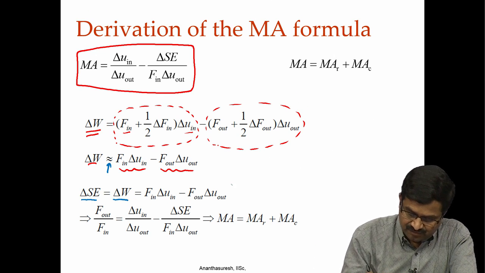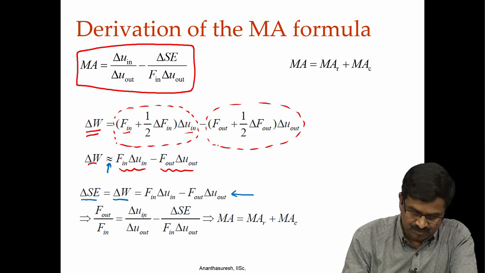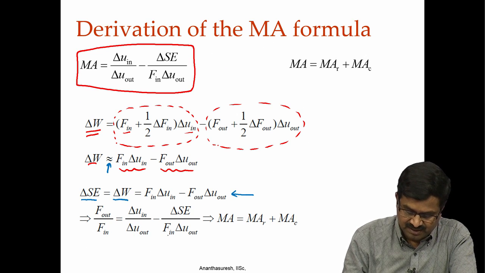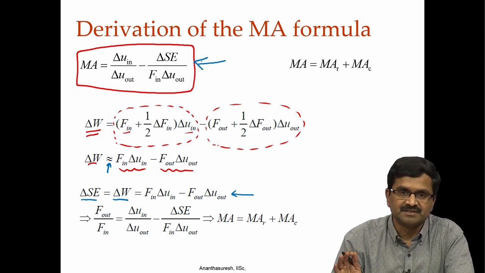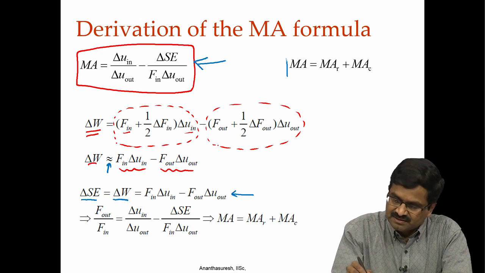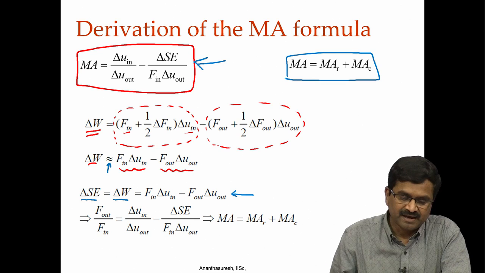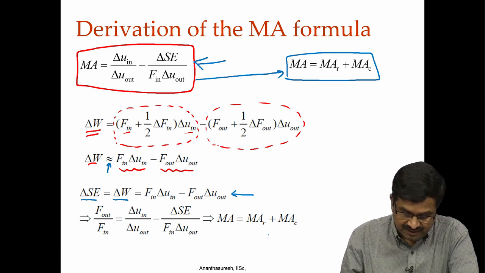Now, if you rearrange this equation, F_out by F_in will turn out to be delta u_in by delta u_out minus delta SE by F_in delta u_out. Basically, the formula that we have here is easily derived in this manner. So, here there is a notion of looking at mechanical advantage: it has two components, both indicated here.